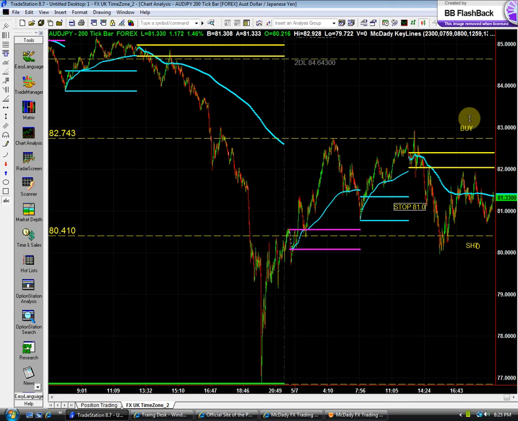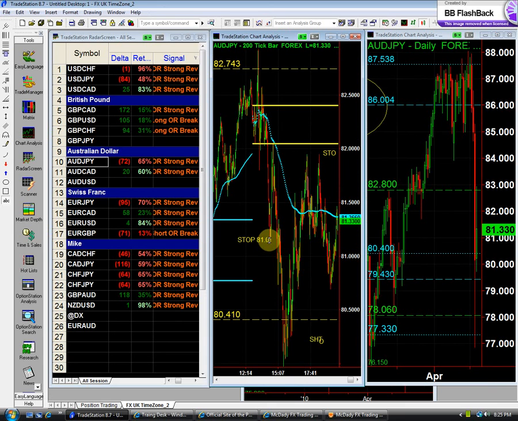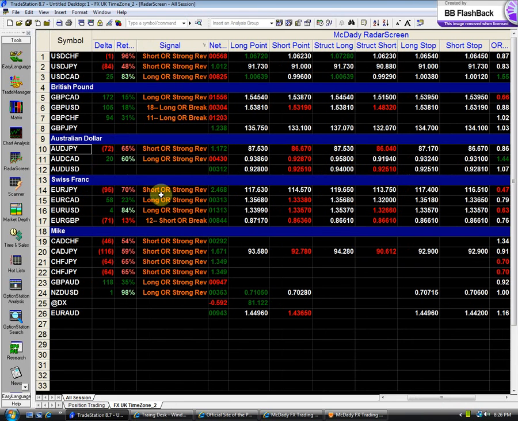And if we are going to buy above 82.74, there's nothing, I mean, the ranges are so big, you just have to use some wide stops in this. But our bias in the Aussie Yen is actually to the short side. If it gets below the 80.40, we want to take it to the short side, because that is going to be the continuation in this direction of this momentum.